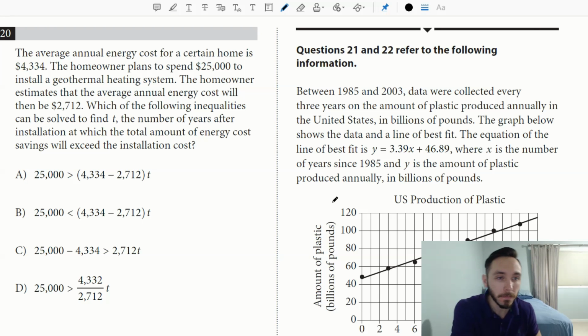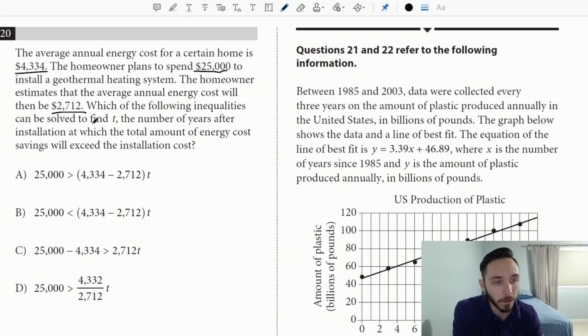The average annual cost for a certain home is $4,334. The homeowner plans to spend $2,500 to install a geothermal heating system. Okay, so I know I'm going to need that value in this one. The homeowner estimates that the average annual energy cost will then be $2,712.